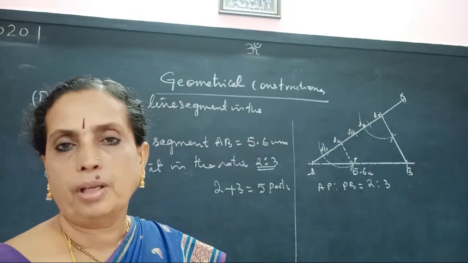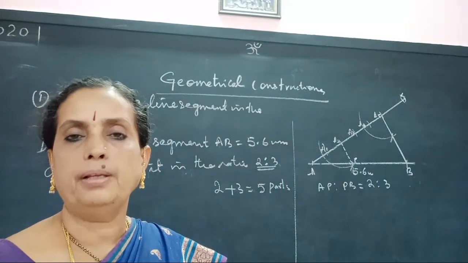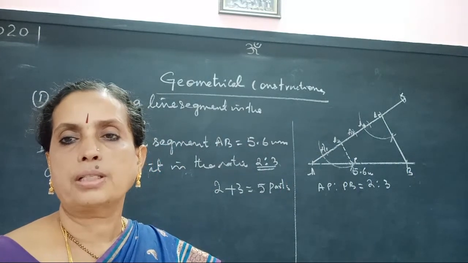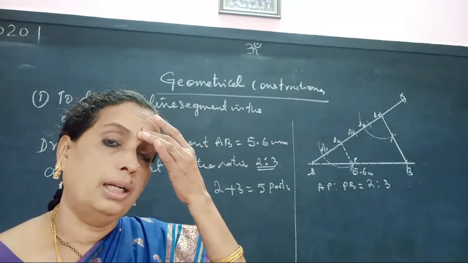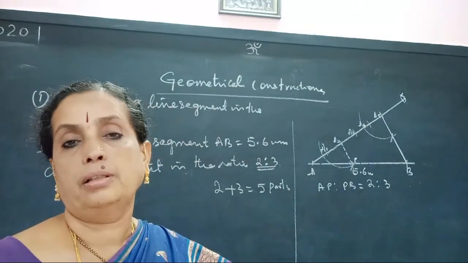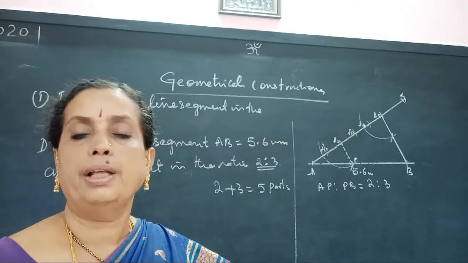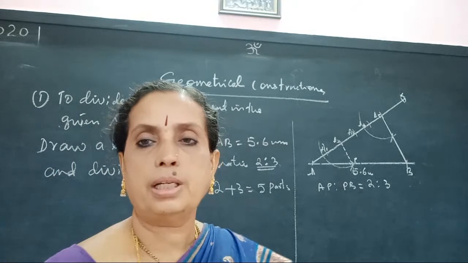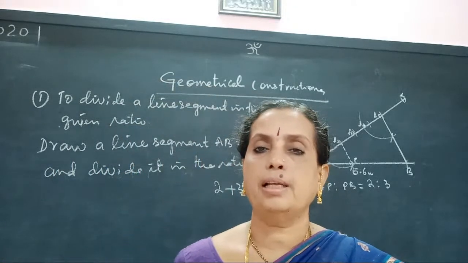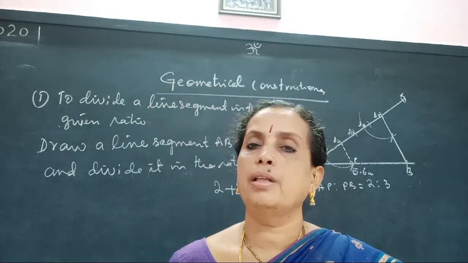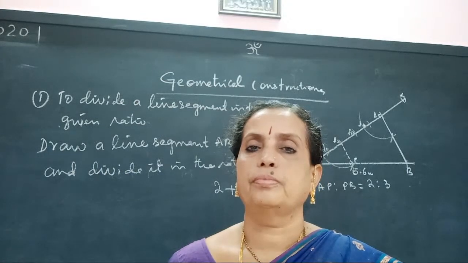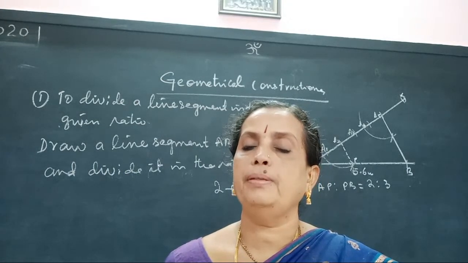Is it clear to everybody? So we call this construction number 1, to divide a line segment in the given ratio. Is it clear?